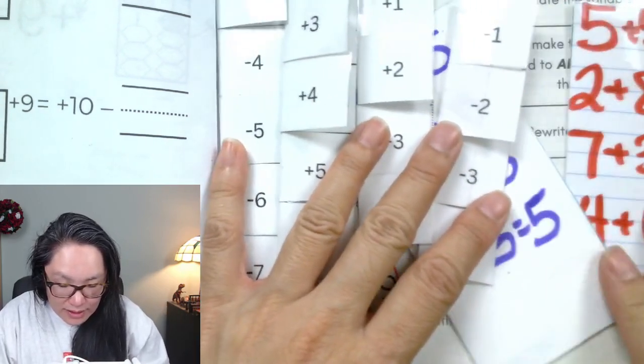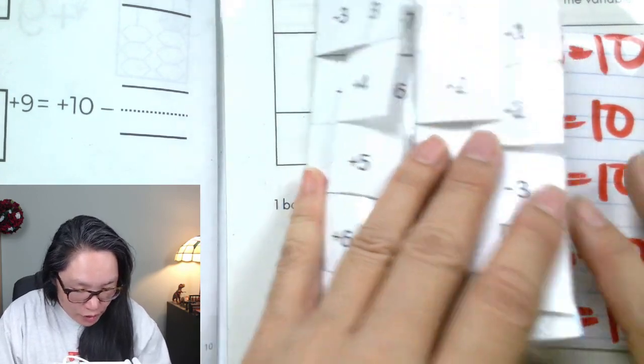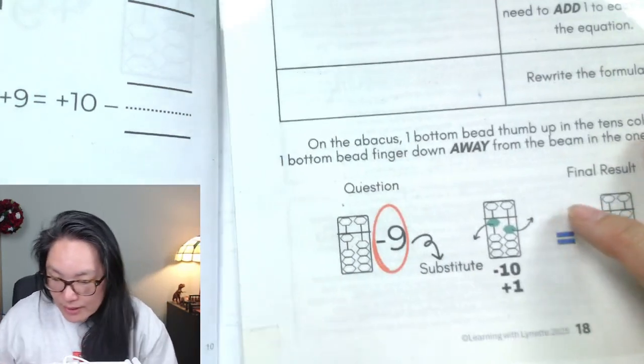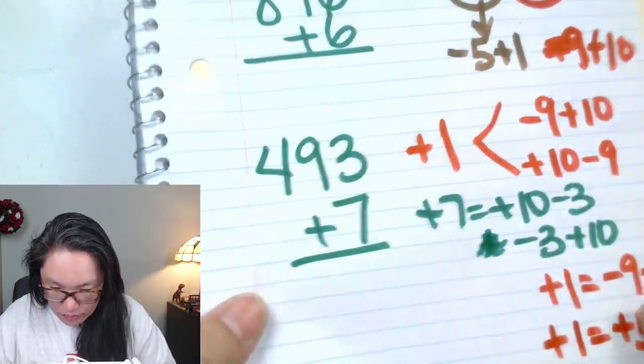Well, let's do this thing called a two-step equation. Now we're going into a little bit more algebra, because in algebra we talk about two-step equations.